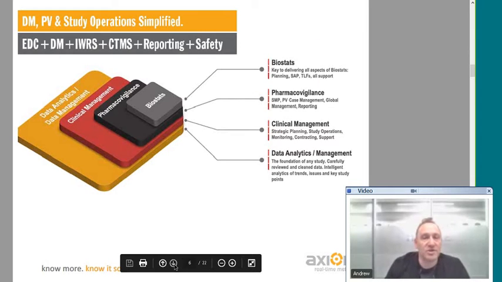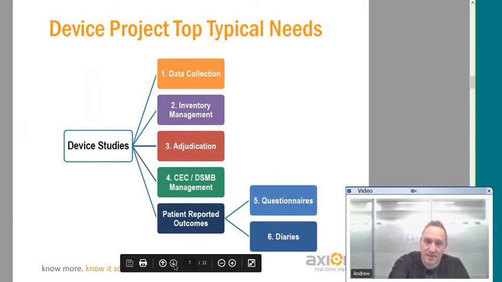As an organization, we also help clients with things beyond the technology for managing studies. A critical aspect for us is to start with the data analytics and data management. We support our clients from a clinical management standpoint, pharmacovigilance, and the key aspect of managing the analysis of biostats, which obviously is essential in our studies today.